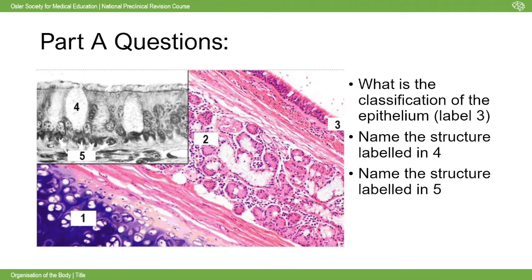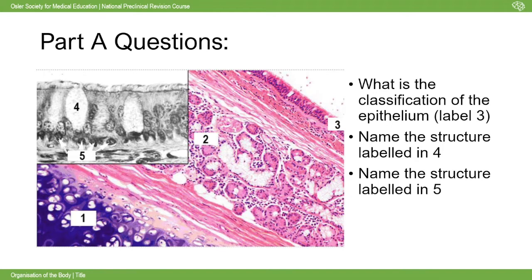So looking at the first question, what is the classification of the epithelium with label 3? Immediately you should be looking at those different heights of nuclei and thinking, okay, this is probably pseudostratified epithelium.